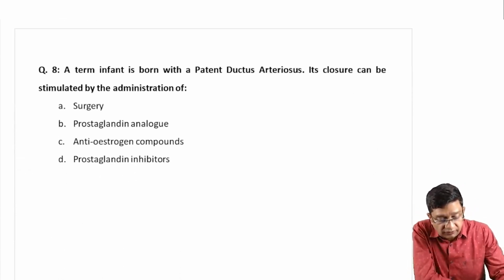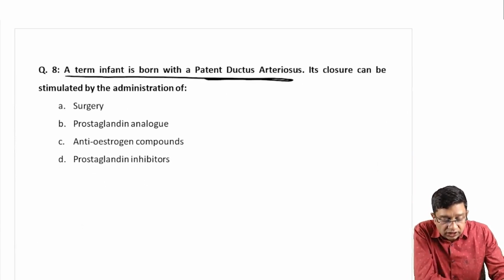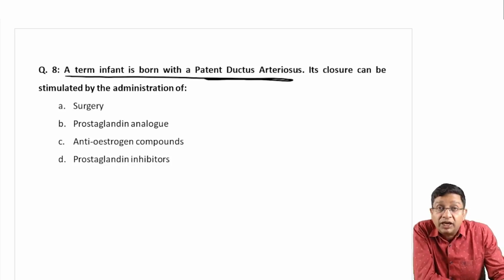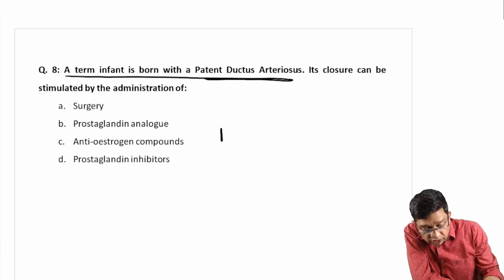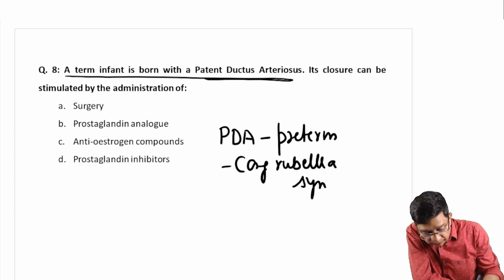A term infant is born with a patent ductus arteriosus. Its closure can be stimulated by the administration of. Now, what you need to remember is PDA is normally seen in a preterm child, and this is seen in the congenital rubella syndrome.